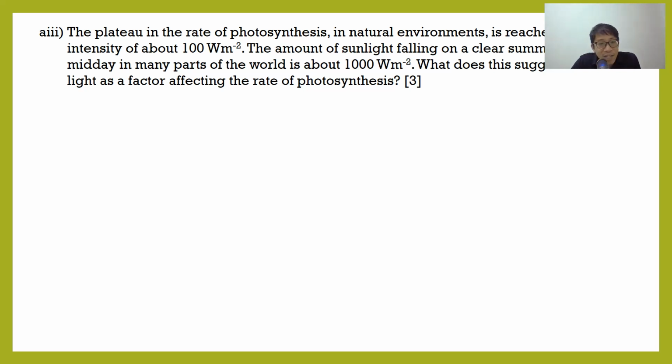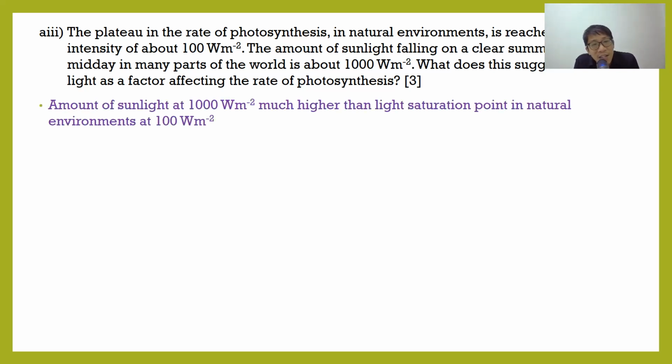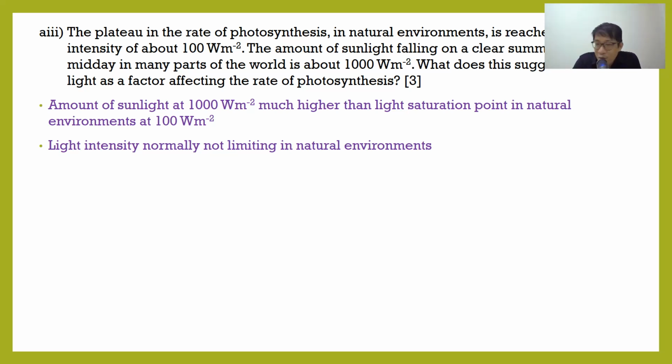So obviously this tells us that the light intensity from the usual amount of sunlight is much higher than the light saturation point. Therefore, light intensity is usually not the limiting factor. Usually.